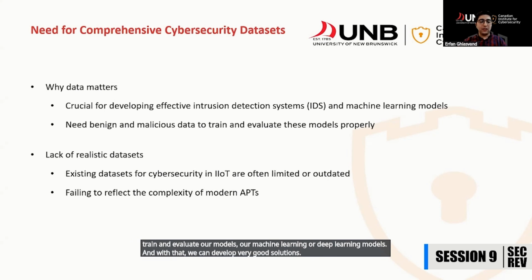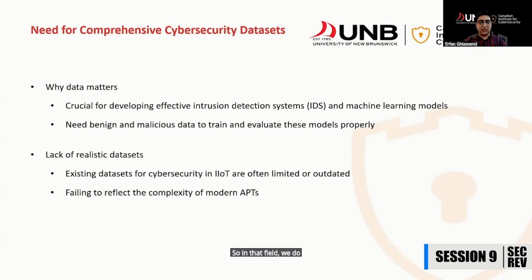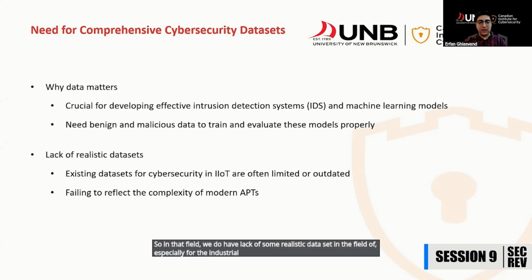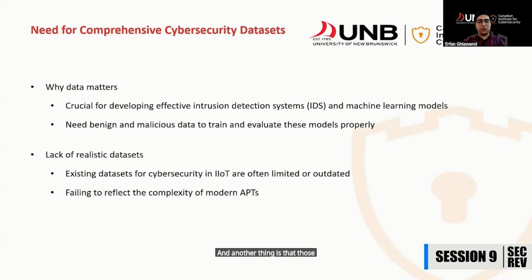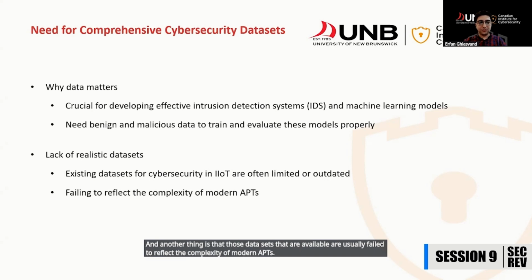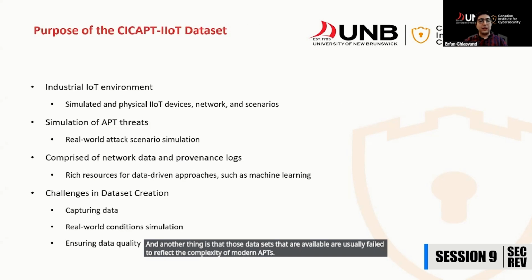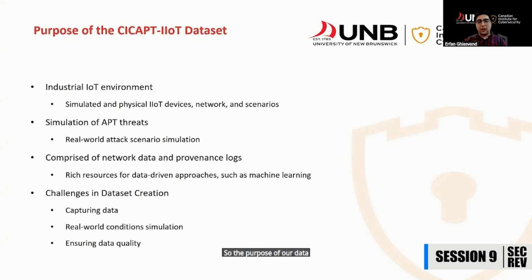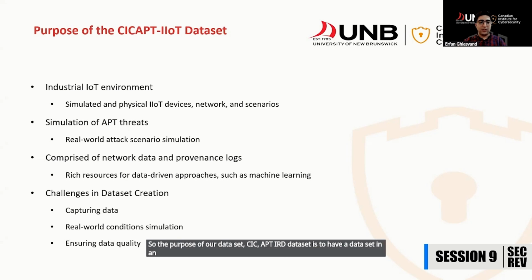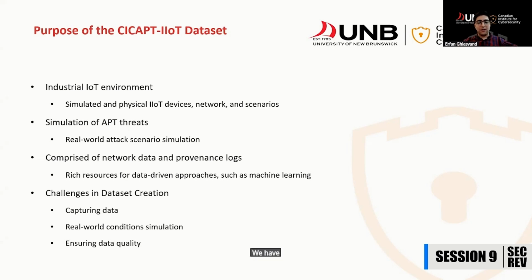In that field, we lack realistic datasets, especially for industrial IoT or IIoT. Another thing is that the datasets that are available usually fail to reflect the complexity of modern APTs. So the purpose of our dataset, the CIC APT IIoT dataset, is to have a dataset in an industrial IoT environment. We have a combination of simulated and physical IoT devices, networks, and scenarios.